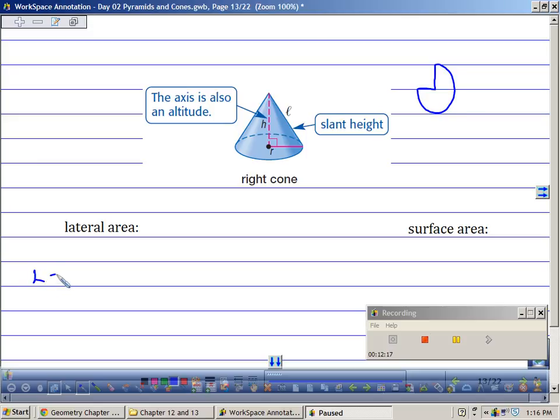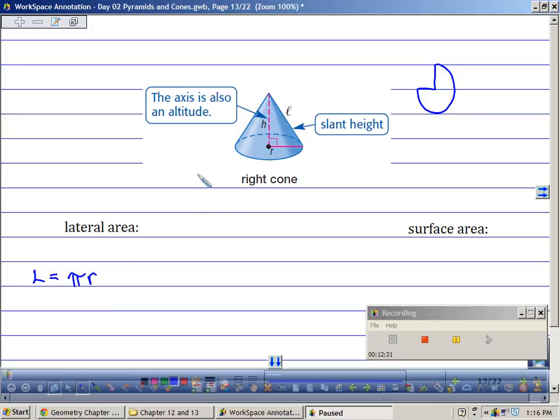So the straight formula for the lateral area of a cone is pi. It's going to be pi, right, because it's dealing with a circle, times, what do you think the next thing's going to be? Times the radius. But instead of being squared, what do you think we're going to do? No. 1/2.